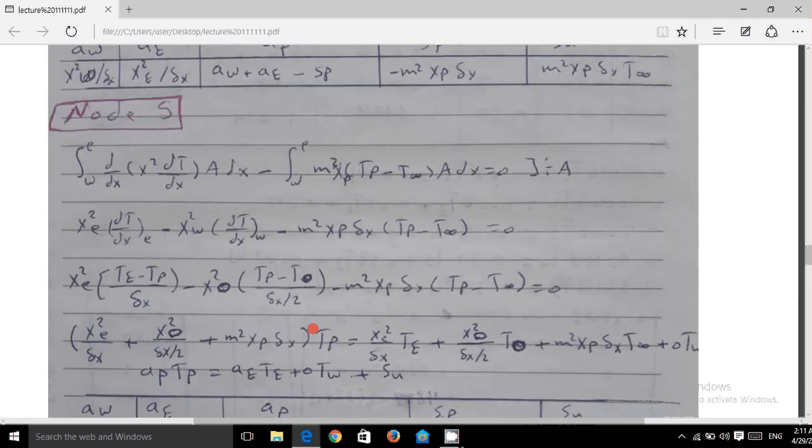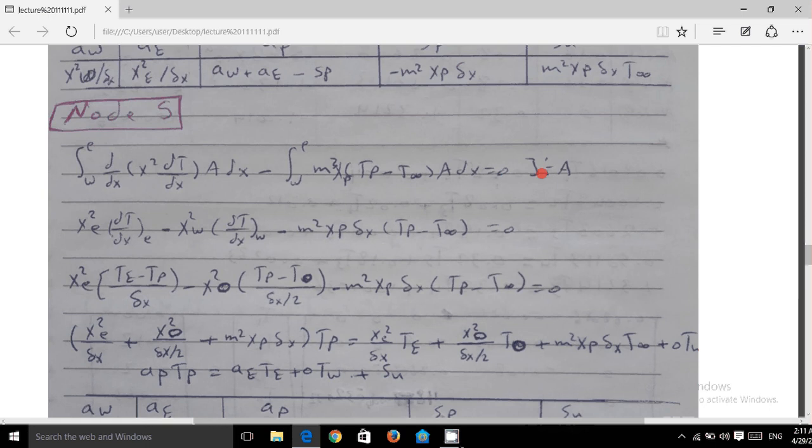For node 5, I will integrate the last node, node 5, from west to east: d over dx of x squared dT over dx A dx minus m squared x_P (T_P minus T infinity) A dx is equal to 0.